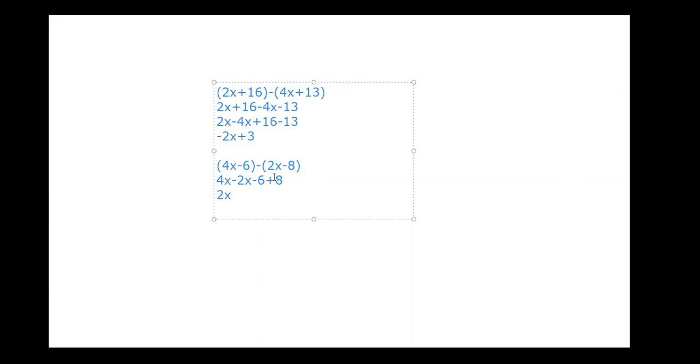And then negative 6 plus 8 is the same as 8 minus 6, right? So that's the same as plus 2. So that's 2x plus 2. So we had negative 2x plus 3, and then we had 2x plus 2.